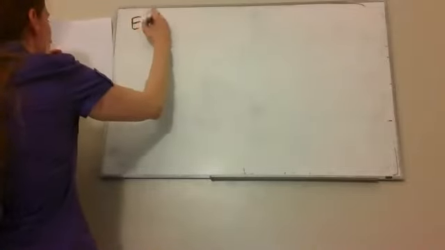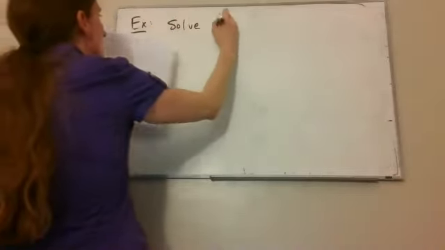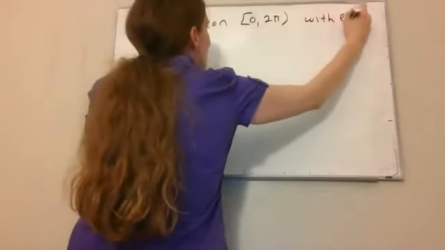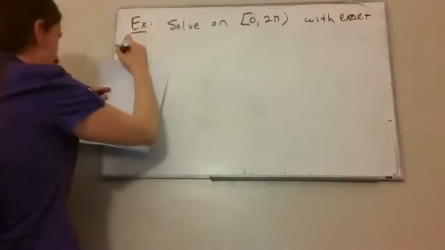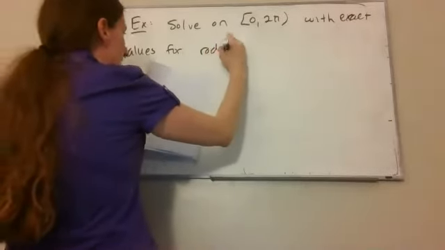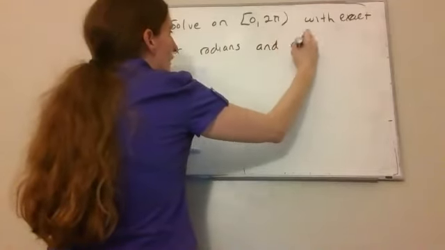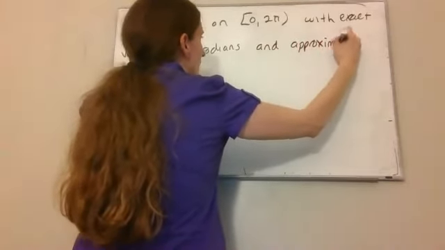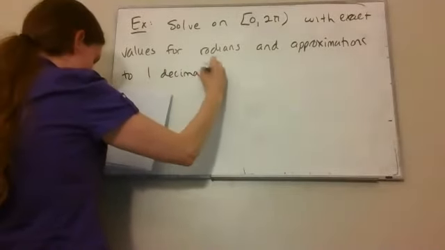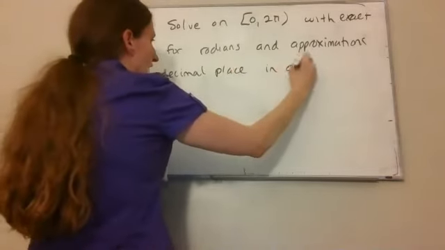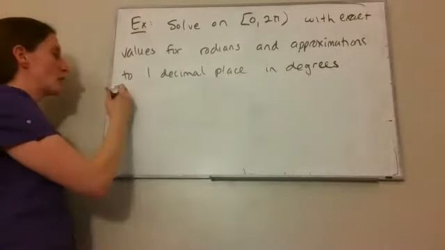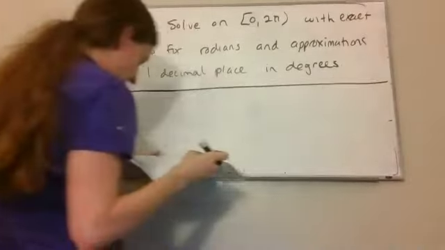So let's solve on 0 to 2 pi with exact values for radians, and also solve it with approximations to 1 decimal place in degrees. So we want the answer in radians exactly, and in degrees rounded to 1 decimal place.